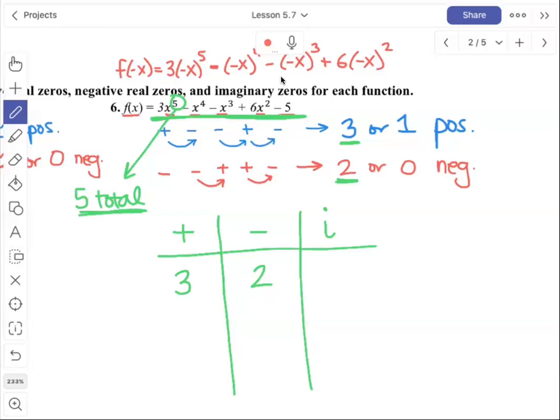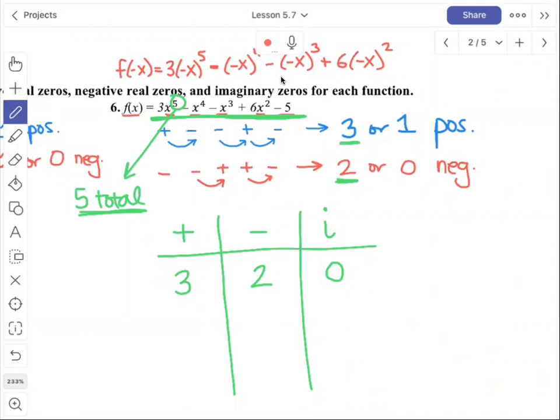It would just be 0. Yeah, there you go. So this gives me a total of 5, right?